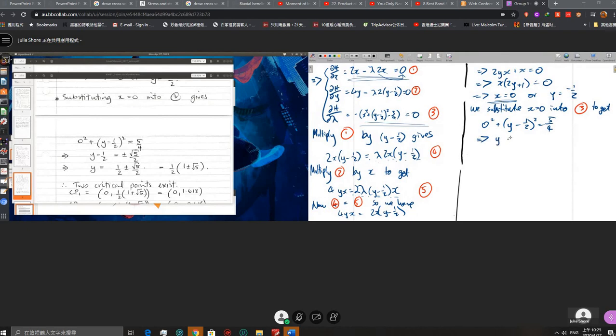So then we get y minus a half is equal to plus or minus the square root of 5 on 2. Remember, we like exact values. This implies that y is equal to a half plus or minus root 5 on 2, which is equal to a half outside 1 plus or minus the square root of 5, if you want to simplify it like that, which is nice.